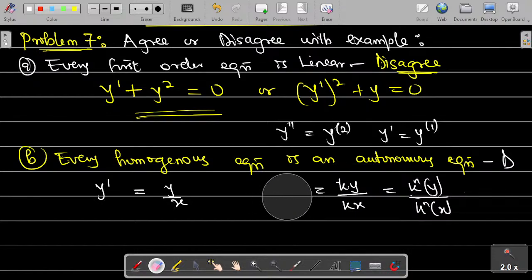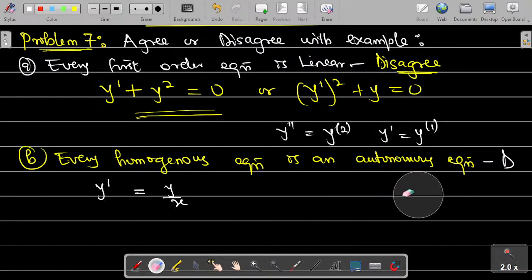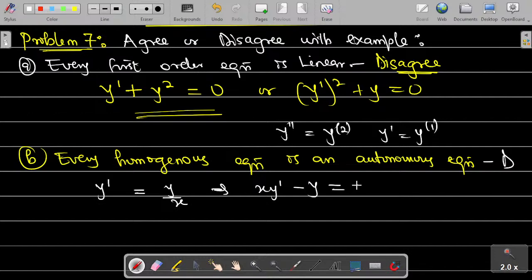And so this gives us a beautiful example of a homogeneous equation that is non-autonomous. Remember, you can write this as x y prime minus y equal to 0. I transferred this over here and then multiplied through by x, and then I obtained this.